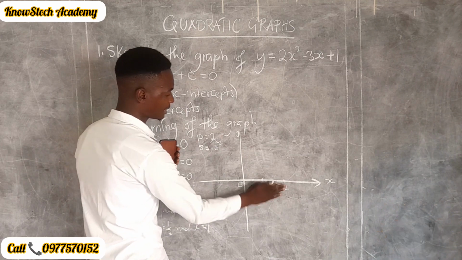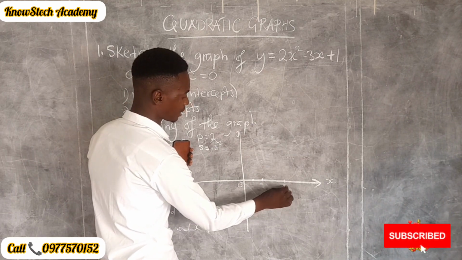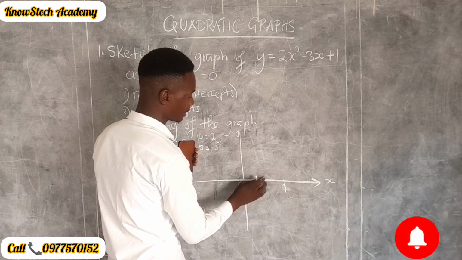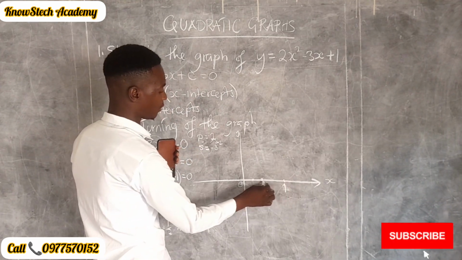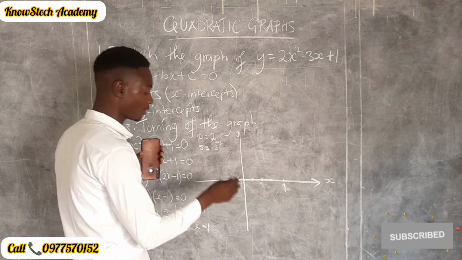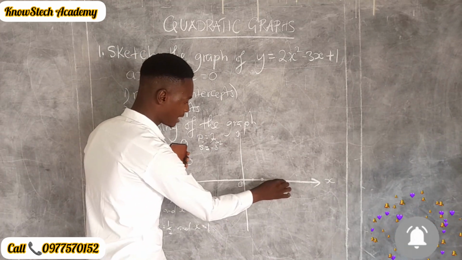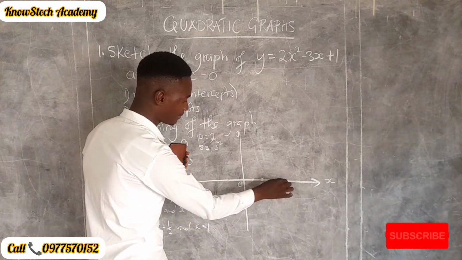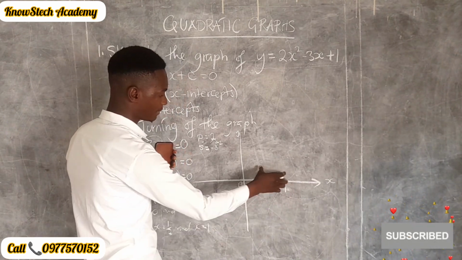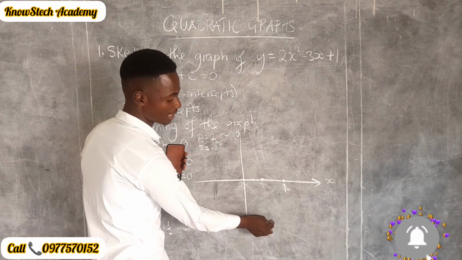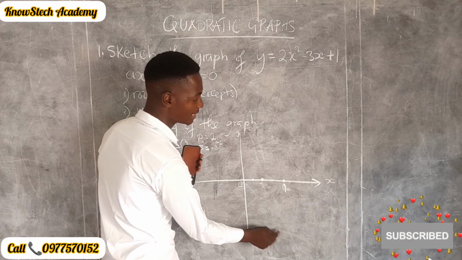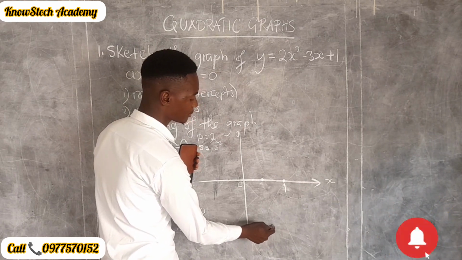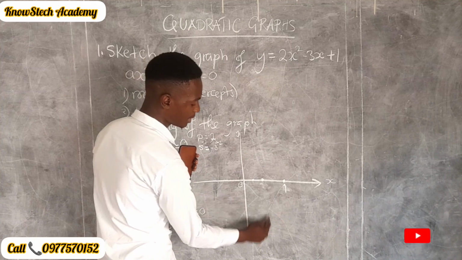Let me make this one as 1, so that this one becomes half, then here 1. So we know that our graph will pass through here, this 0.5 and 1. Now we don't know where the graph is turning. That's the reason why we need to find the turning point of this graph, because we don't know if it's turning here.